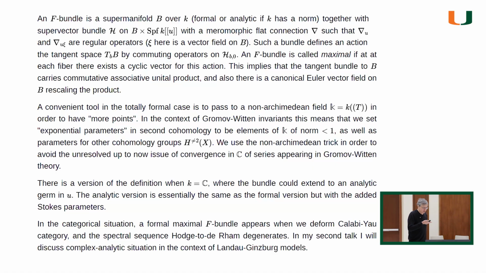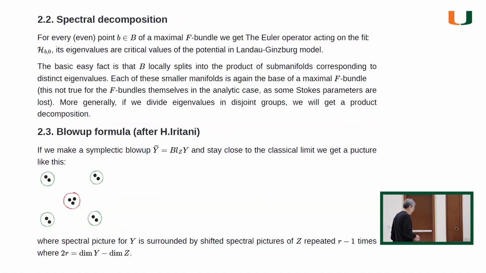And in my second talk, I will describe this kind of not formal but actual analytic version in the context of Landau-Ginzburg models. One can see these things in their whole glory, also with Stokes parameters and so on. And I recall that you have this spectral decomposition.